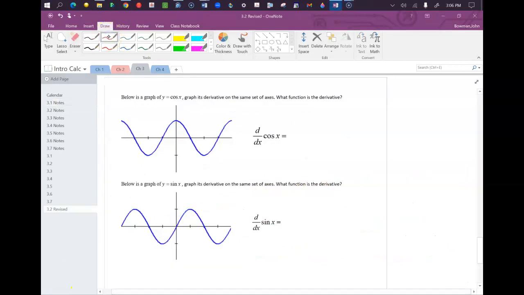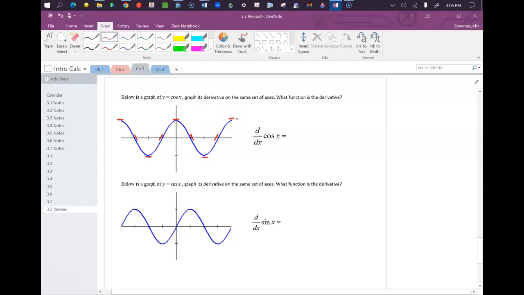And for the last two derivatives that we're going to cover, we're going to find the derivative of the cosine and the sine function. So the top graph you have there is the cosine function, and we're going to come in and draw some tangent lines. So at the very left end, a slope of 0, negative slope, 0 slope, positive slope, 0 slope, negative slope, 0 slope, positive slope, 0 slope.